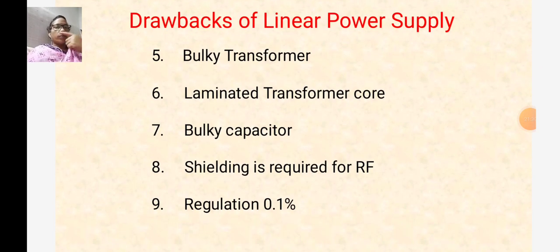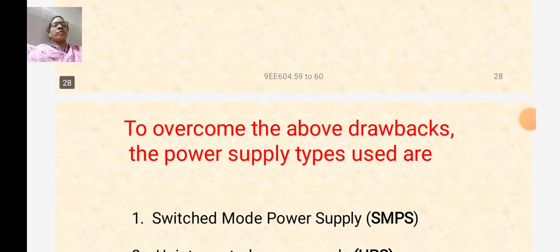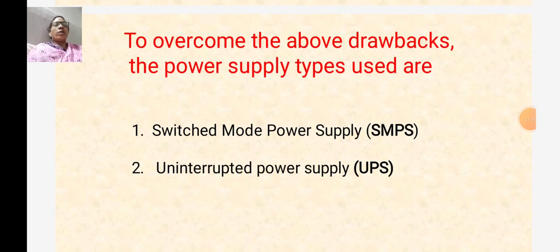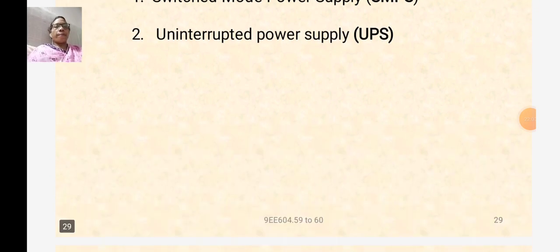Also bulky transformer, laminated transformer core, bulky capacitors, shielding required for RF, regulation is 0.1 percent. To overcome these drawbacks, the power supply types used are switched mode power supply SMPS and uninterrupted power supply. About this topic we will discuss in the next class.